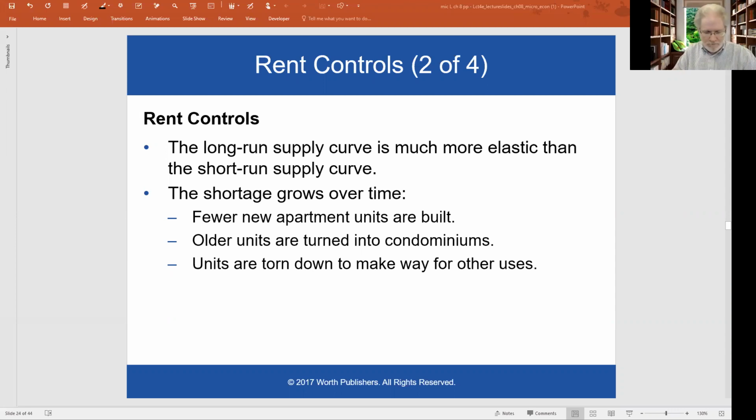Last time we said that in chapter 8 we were talking about price controls, and you want to think of this in very general terms, because price controls apply to situations that you probably don't think of as being a price control situation. Remember, a price control simply means the government is intervening in how prices are set.